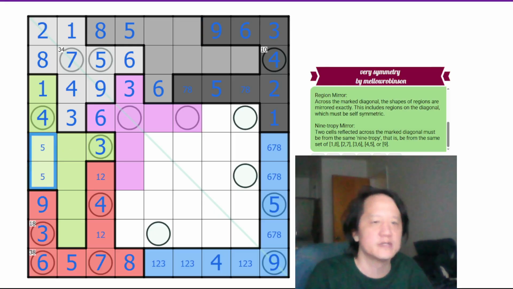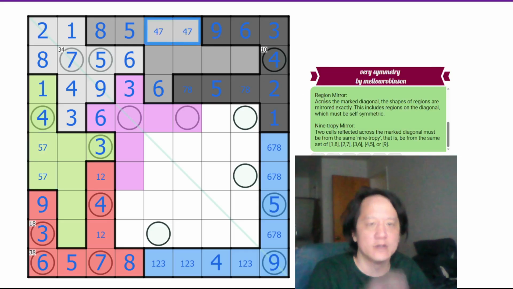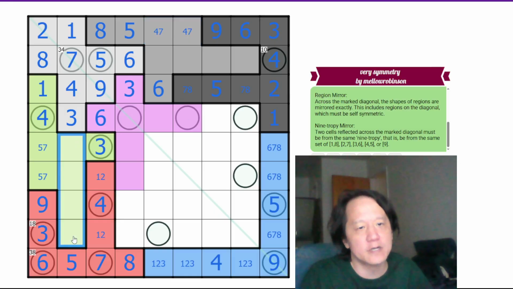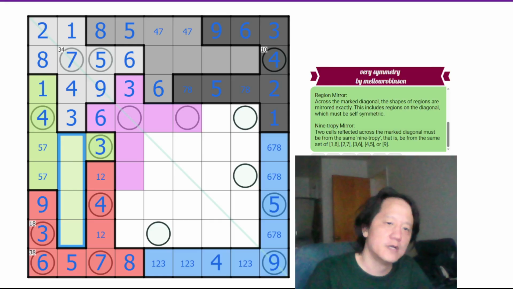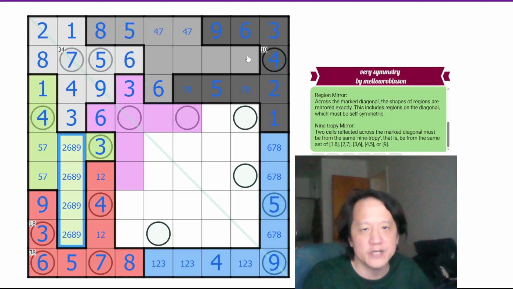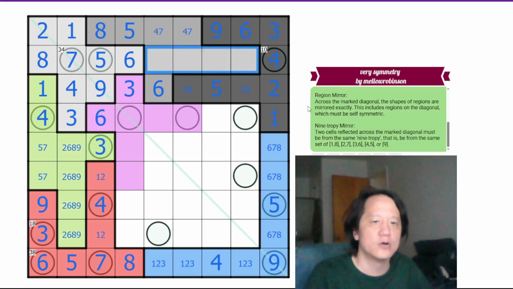Oh, that makes sense. 5 and 7. And we have 4 and 7 here. Okay. That leaves the remaining digits in column 2 as 2, 6, 8, 9. Remaining digits in row 2 are 1, 2, 3, and 9.